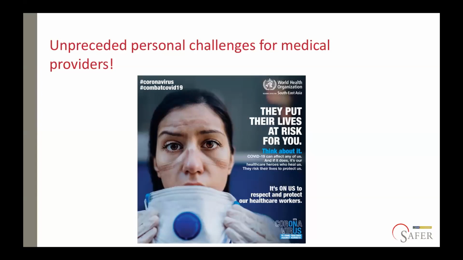Every procedure takes more time than normal, and in addition, the environment represents a danger in itself. The healthcare providers are exposed to hazards that put them in risk of the infection.